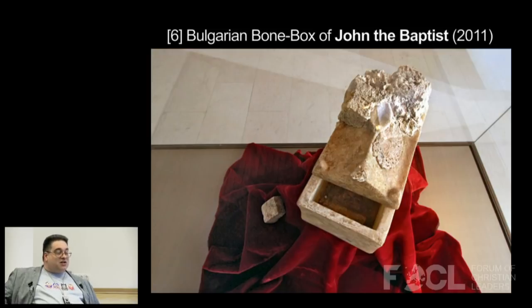But in 2011, there was a claim made that archaeologists had stumbled across the Bulgarian bone box of John the Baptist. Now, when it comes to finding the bones of saints, of course, we do know that during the medieval period in particular, there was a thriving industry in having the bones of saints because it attracted visitors to your monastery or your cathedral or whatever, and visitors mean money.